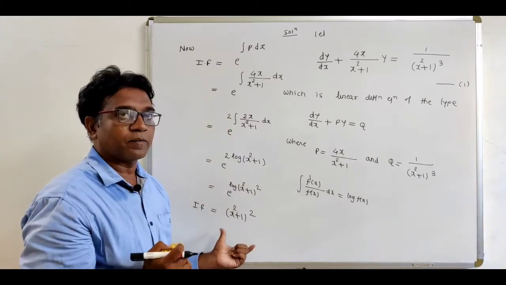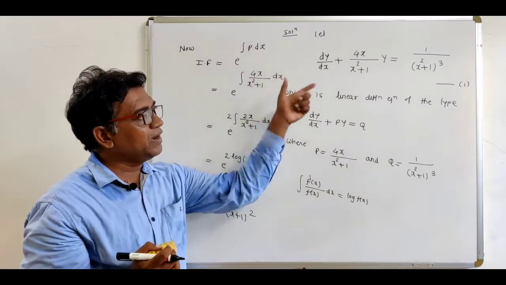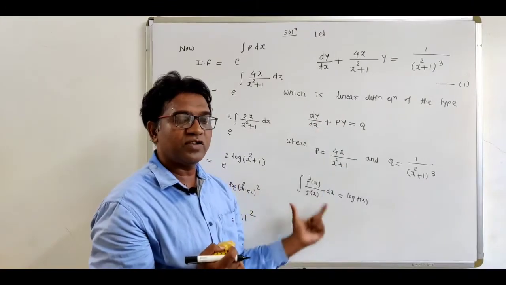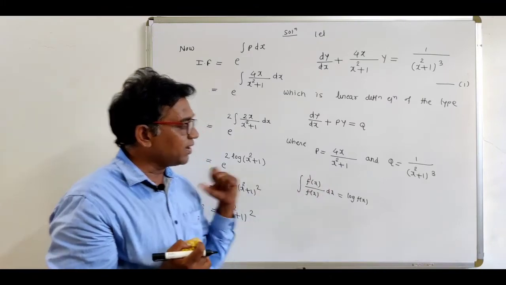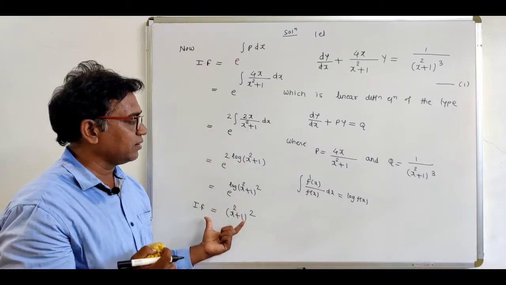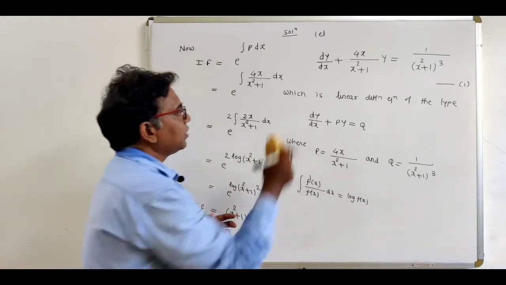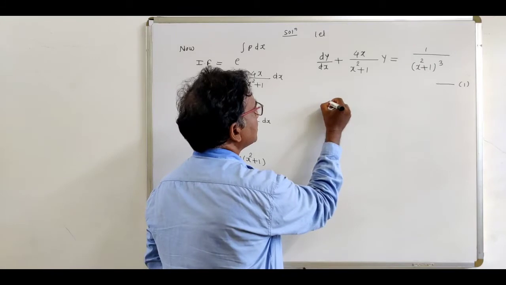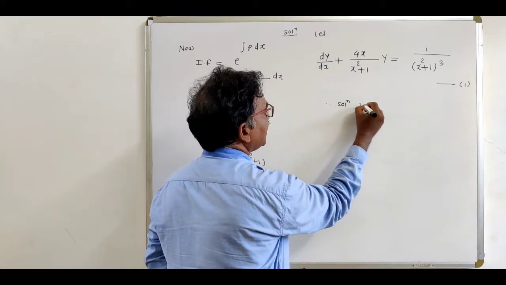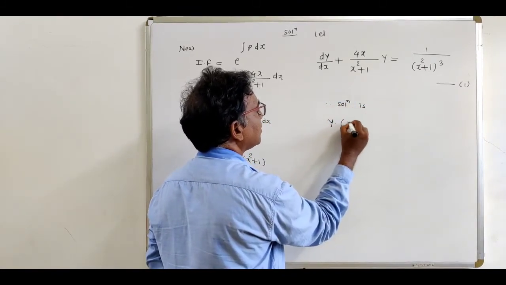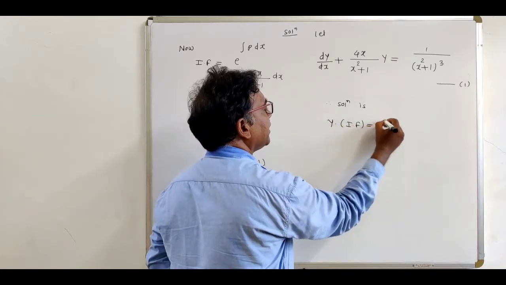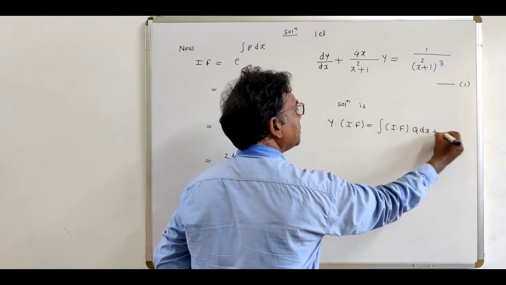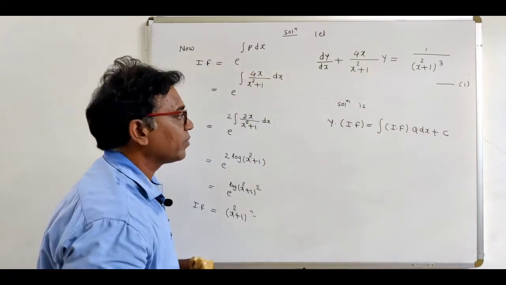So this is our second step. What is the first step? Identify the given differential equation. Now this is in the proper form, a linear differential equation. What is the next step? Find the integrating factor. Now find its solution. So write down the solution. Therefore the solution is, by the formula, y into integrating factor is equal to integral of integrating factor into q dx plus c.